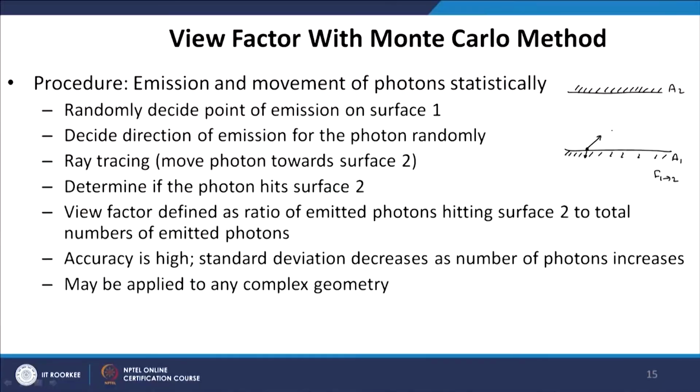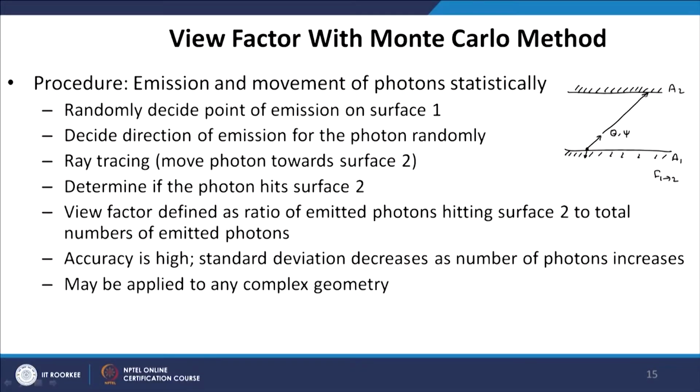Now, photons may be emitted in the entire solid angle of 2 pi. So, we have to select an arbitrary direction, a random direction, using the polar angle theta and azimuthal angle psi. The direction of motion of this photon should be purely random, so we have to choose the polar angle and azimuthal angle randomly. Then we have to move this photon until it hits the surface A2. That is called ray tracing.